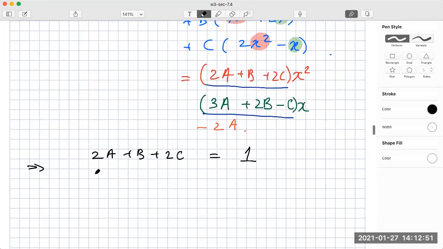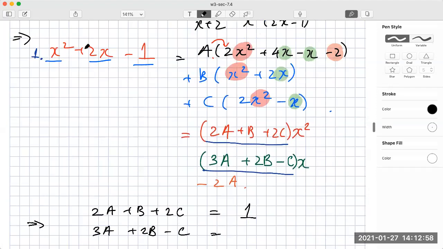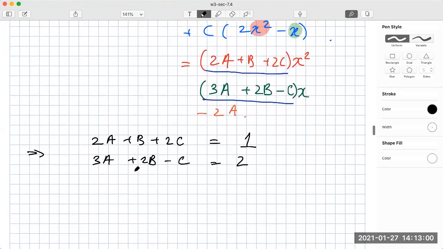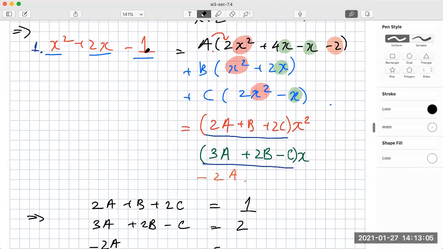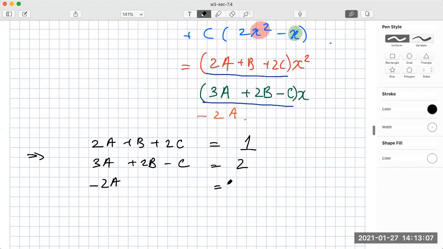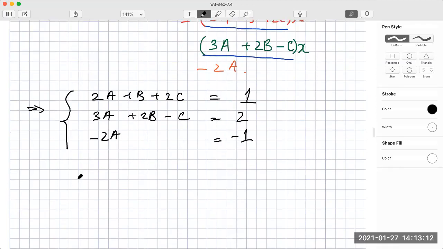The second terms here, 3a plus 2b minus c should be 2. And the last term here, negative 2a, should be negative 1. Now if we can solve this system of equations, then we know a, b, and c. There are 3 equations for 3 variables a, b, c, so it is solvable.